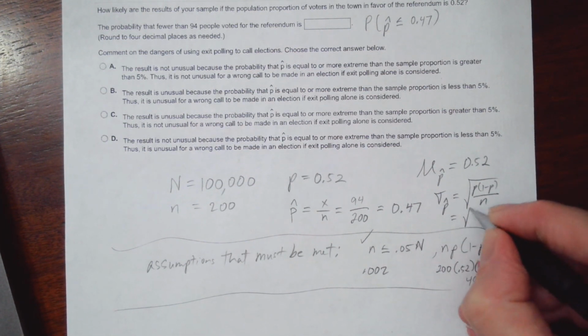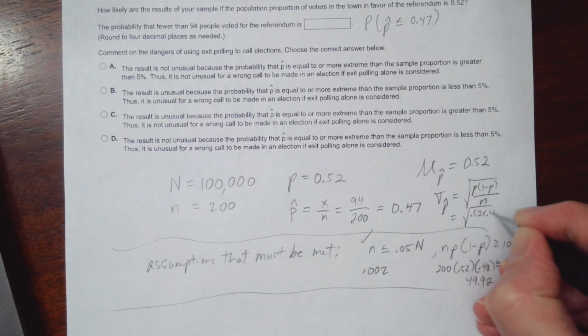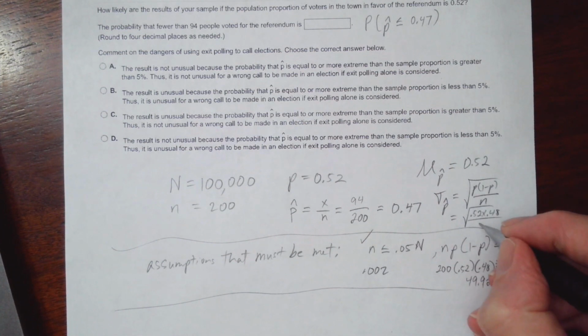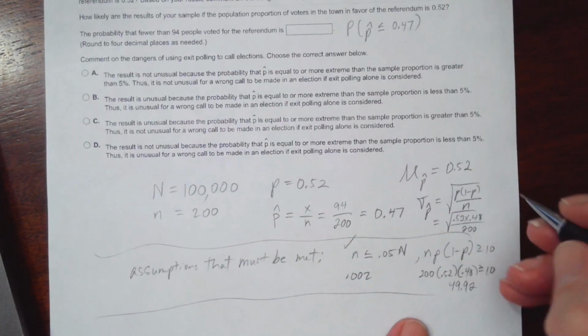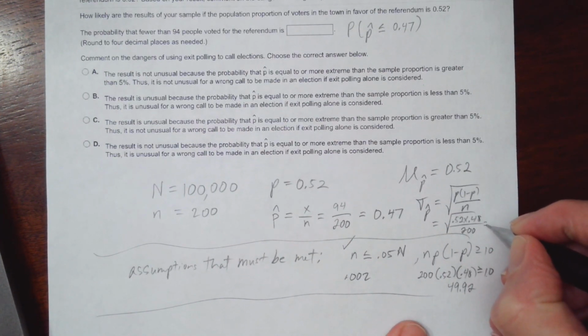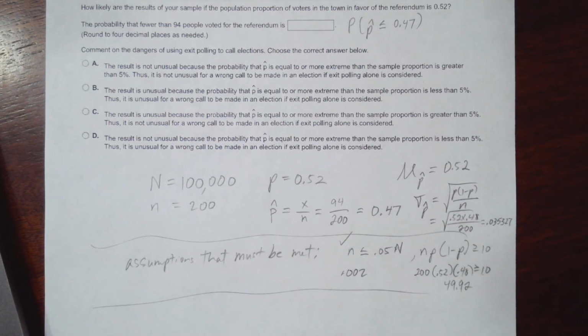And so we're going to get the square root of 0.52 times 0.48 over 200. Excuse me, I'm running out of room here. I got 0.035327. And so those are the numbers that we're going to need to put into our normal calculator.